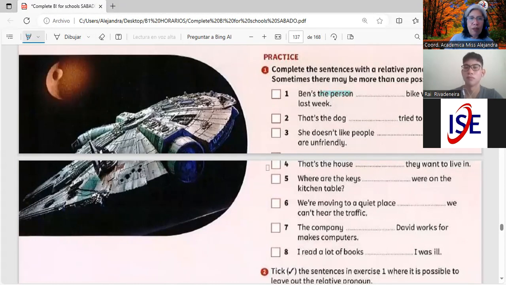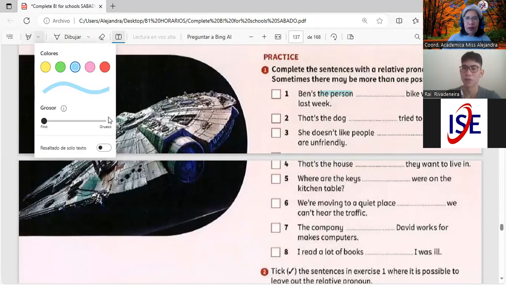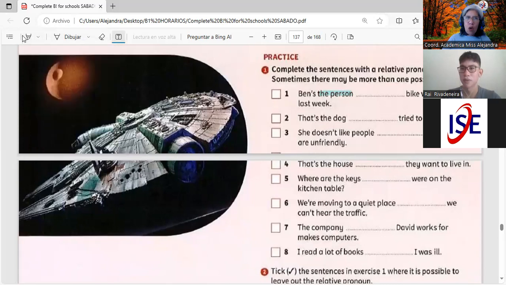So here I'm talking about the person. What can we use here if it is a person? Who? Who and whose. The person whose bike was stolen last week. Ben is the person whose bike was stolen last week. Who or whose?